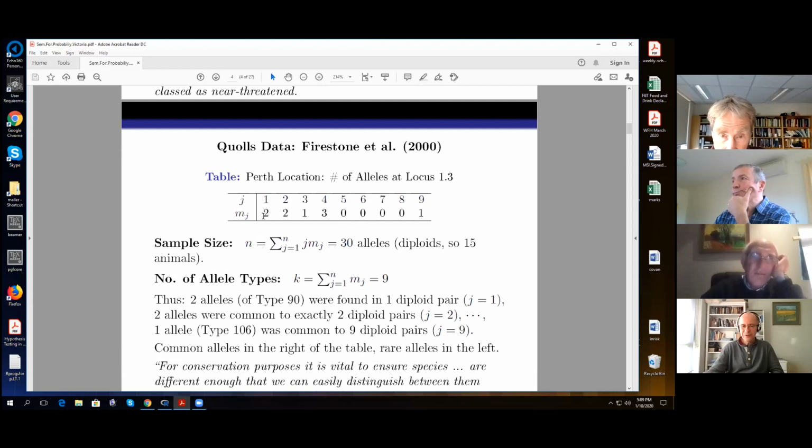And Ross, sorry, there is a question. Asking, will Kn not go to infinity as n goes to infinity? Kn certainly goes to infinity as n goes to infinity, yes. Then what does it mean, asymptotic distribution? Sorry, what was the question?